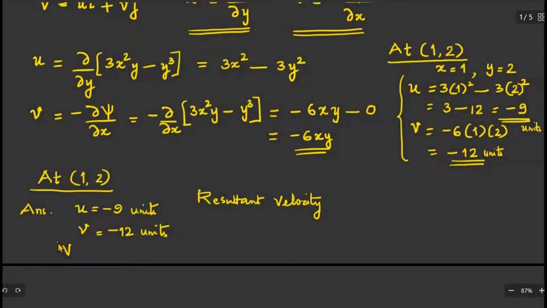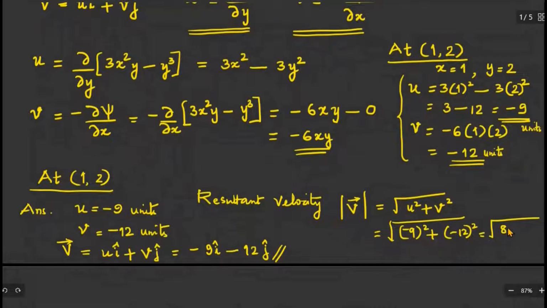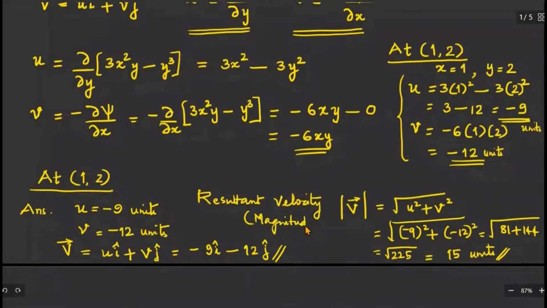The resultant vector is u i cap plus v j cap, that is minus 9i minus 12j. That is a vector, but its magnitude is the square root of minus 9 squared plus minus 12 squared, that is 15, the resultant magnitude. And similarly, you can find the velocity at the other point.